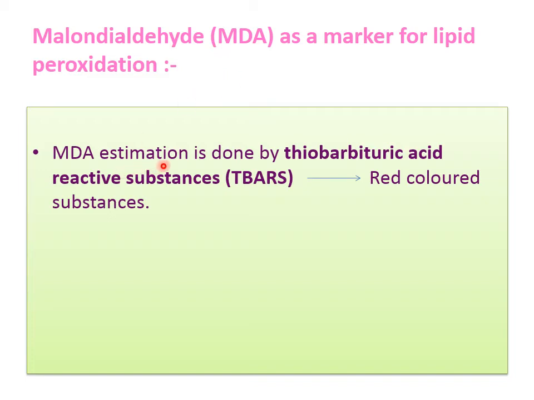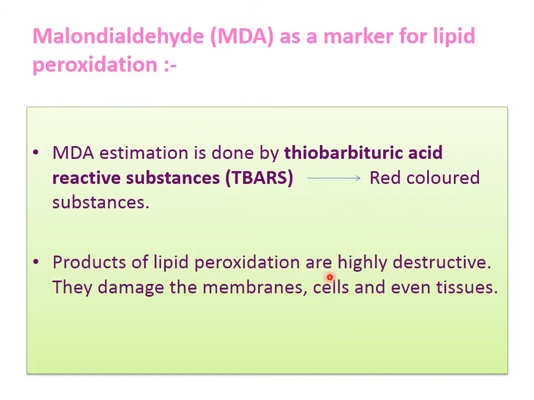This MDA is then estimated by thiobarbituric acid reactive substances, which give a red colored product. The products of lipid peroxidation are highly destructive. They damage the membrane, cause loss of membrane integrity, and even destroy tissues and cells.